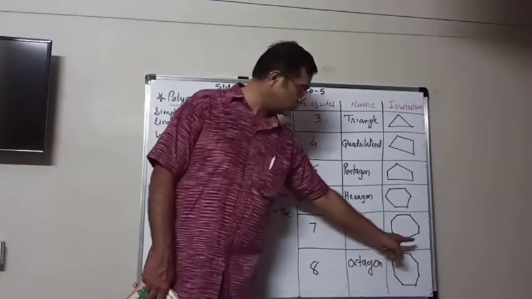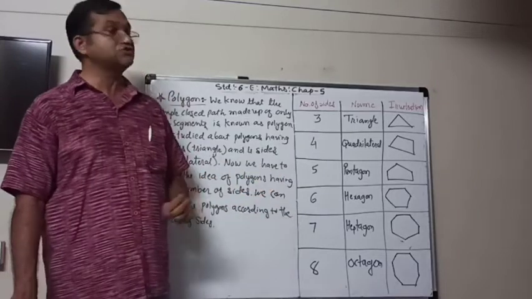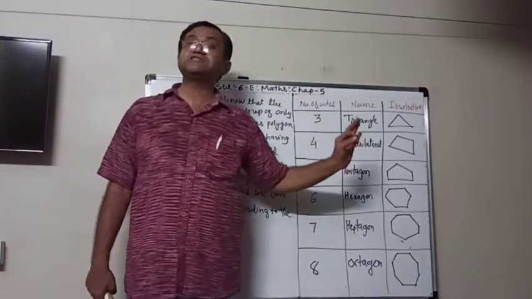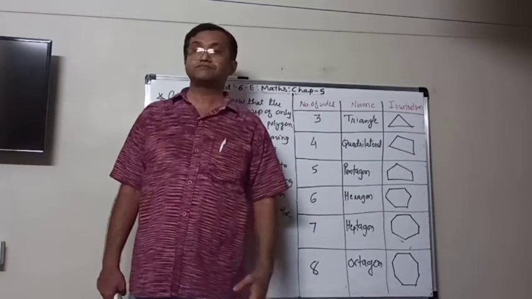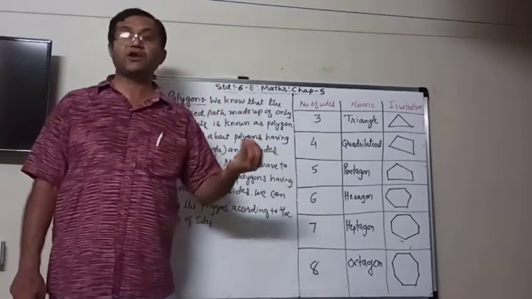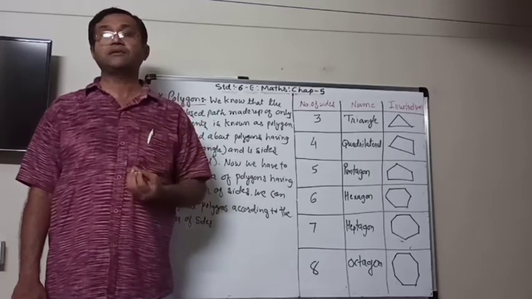You can see 1, 2, 3, 4, 5, 6, 7 and 8 sides. And it is still not going to stop here. It goes on and on. Like 9 sides, then nonagon, 10 sides, then decagon, and so on.